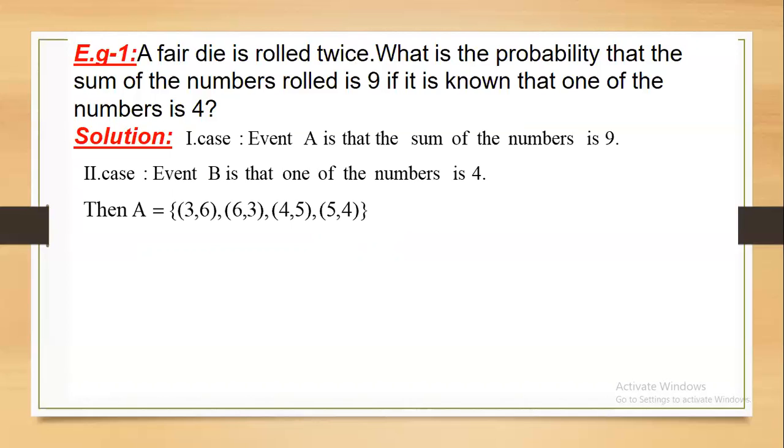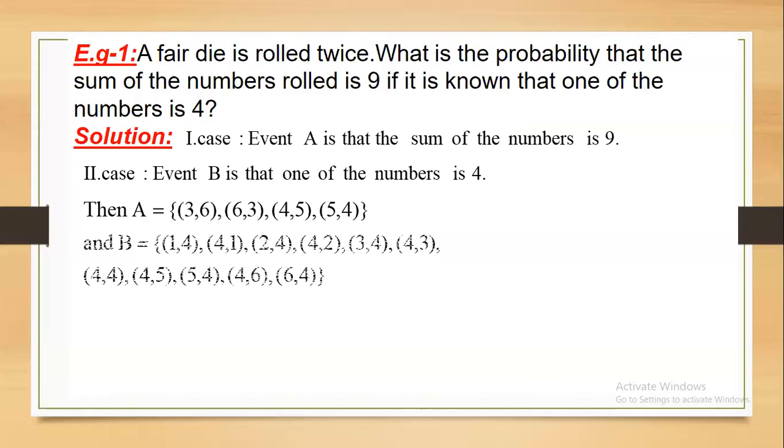Okay, for the second event, one of the numbers is 4. You can see easily, it may be 1, 4, 4, 1, 2, 4, 4, 2, 3, 4, 4, 3, 4, 4, 4, 5, 5, 4, 4, 6, 6, 4.